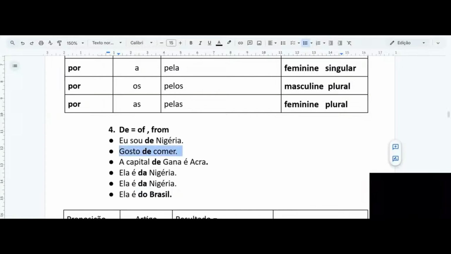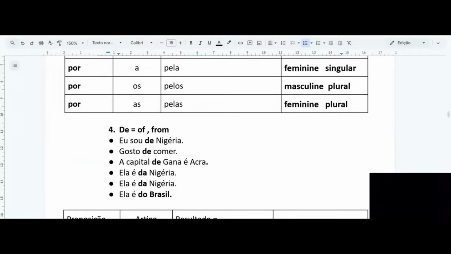Gosto de comer. Eu gosto de comer. In English, we don't say I like of eating, but we say I like eating. Someone asked why we have the word de.